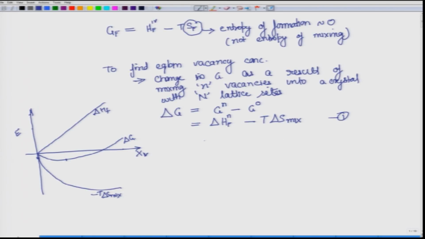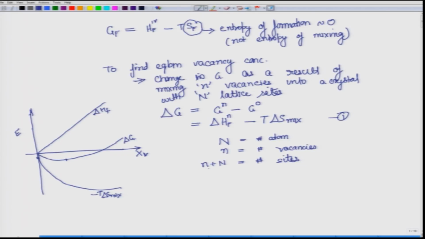Now, let me clarify what we have said earlier: N is equal to the number of atom sites, and n is equal to the number of vacancies. If in the final state the number of vacancies have been incorporated, then N plus n would be the total number of sites.